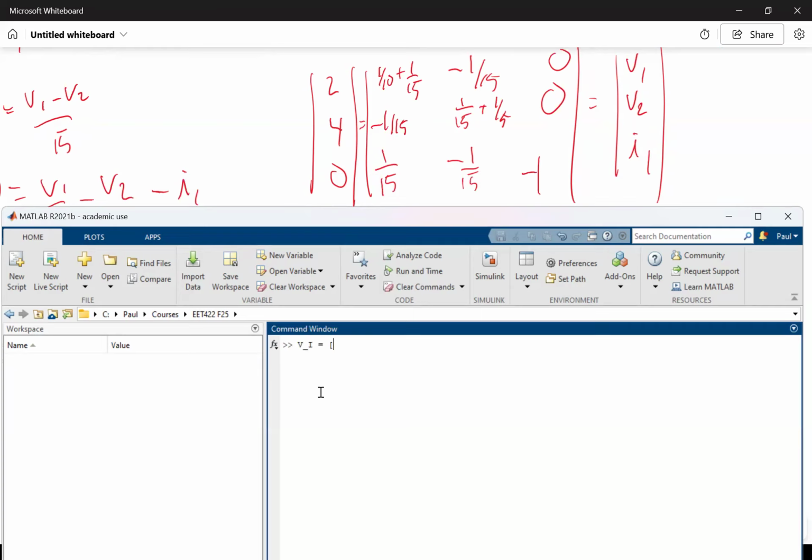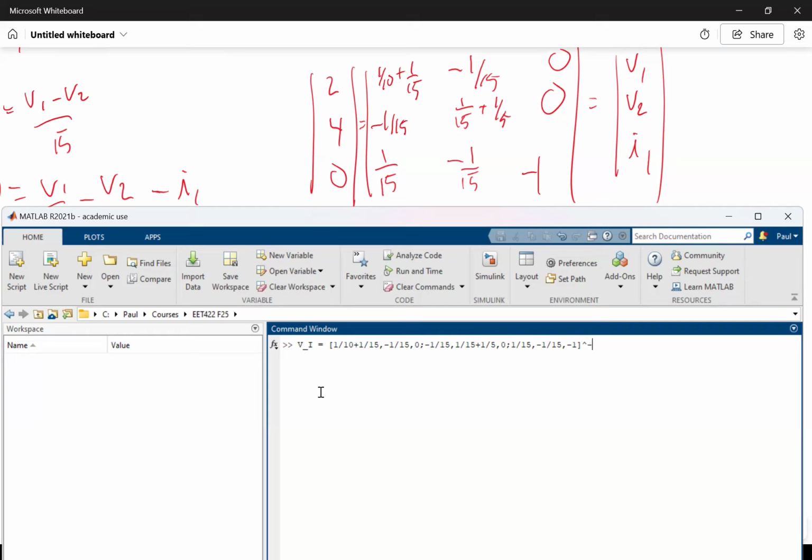And that's going to be equal to my first open bracket. So I have 1/10 plus 1 over 15 minus 1 over 15, 0. Move to the next row, minus 1 over 15, 1/15 plus 1 over 5, 0. Next and final row, 1 over 15, minus 1 over 15, and minus 1.